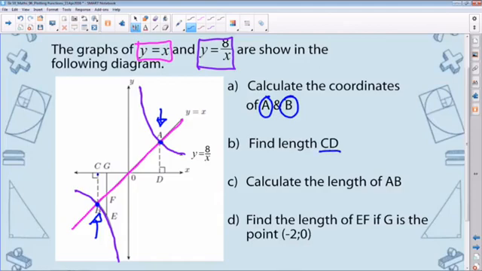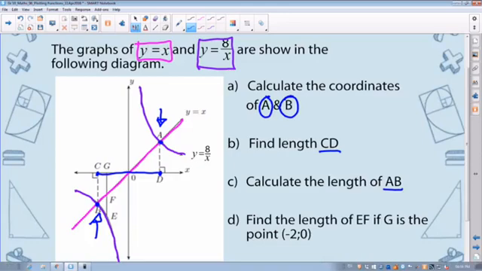Now, C is plotted from the perpendicular of B, and D is plotted from the perpendicular of A. Then calculate the length of AB. Where is AB? Oh, it's this over here. So there is the length of AB. And lastly, find the length of EF if G is the point (0;2). And where is EF? EF is over here.